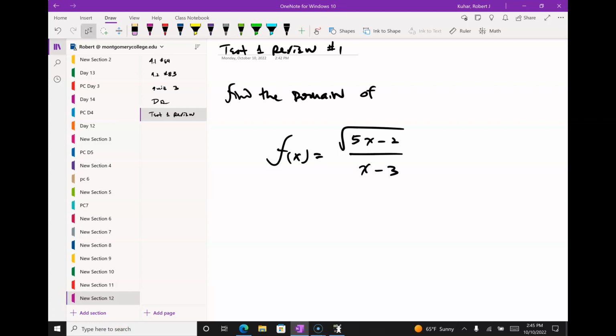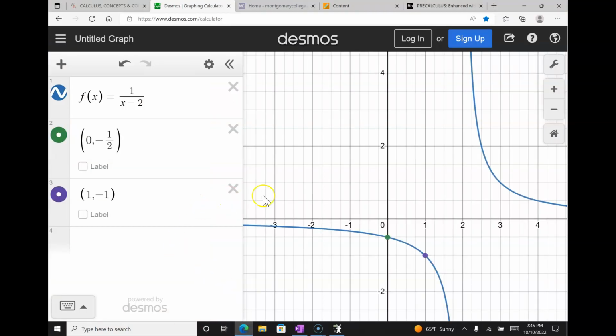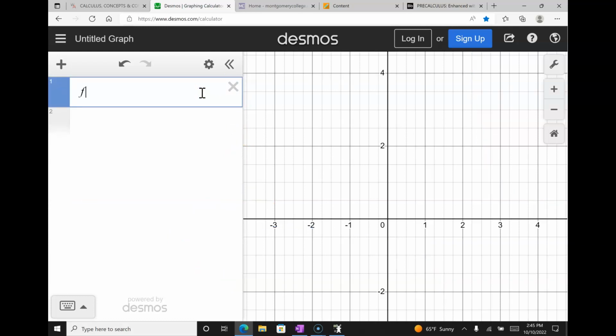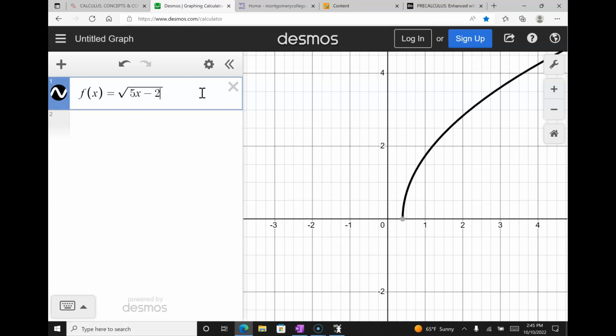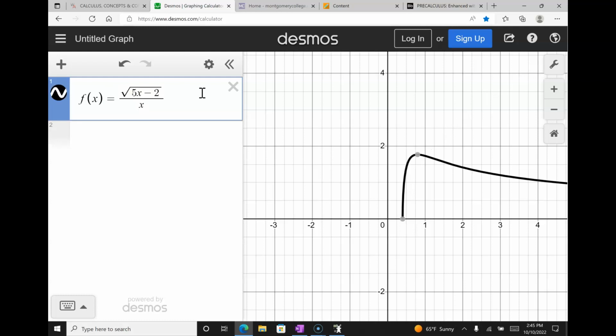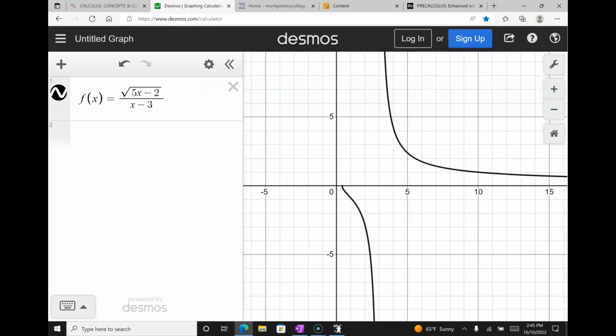Is there anything to look at this for Desmos? Right?